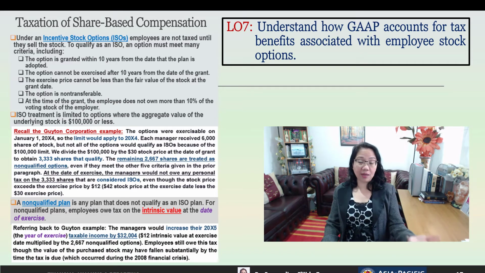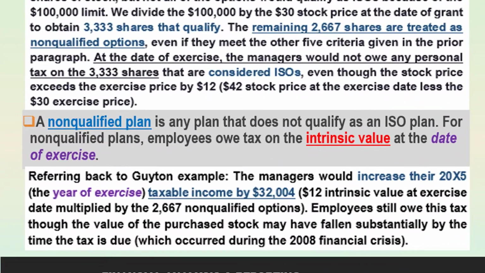Let's go back to the Guyton example. The managers would increase their 20x5, the year of exercise, taxable income by $32,004. This is the $12 intrinsic value at exercise date multiplied by the 2,667 non-qualified shares. So the employees still owe this tax, though the value of the purchased stock may have fallen substantially by the time the tax is due.